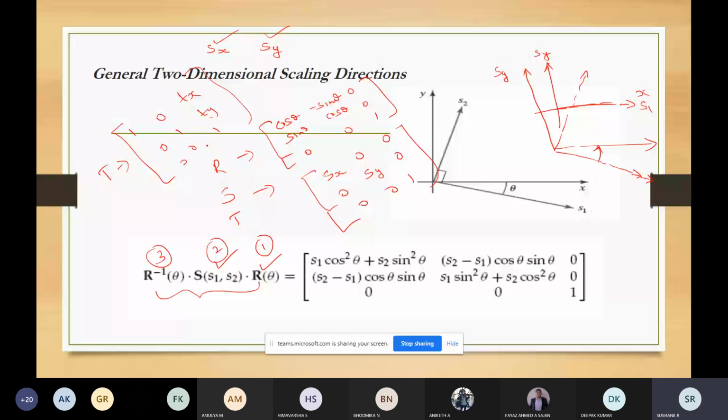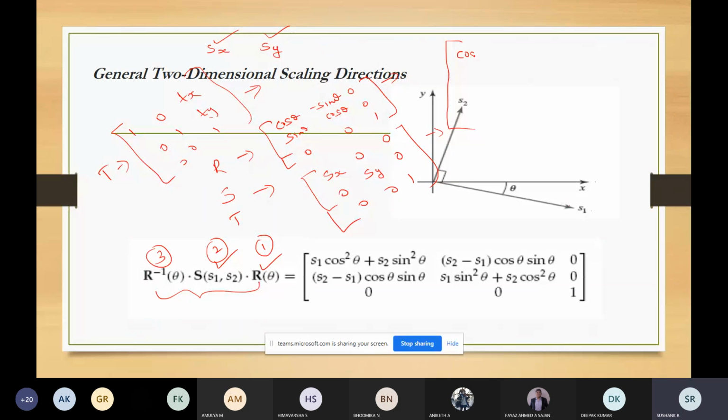The same thing for R inverse. See, this is the final equation which you have obtained. For R inverse, wherever positive theta is there, replace it with minus theta. Cos of minus theta will be cos theta.